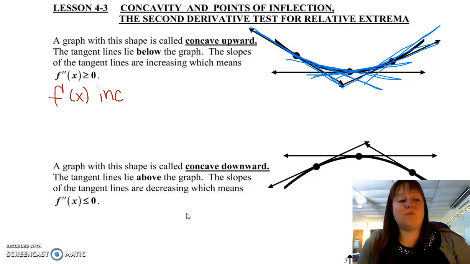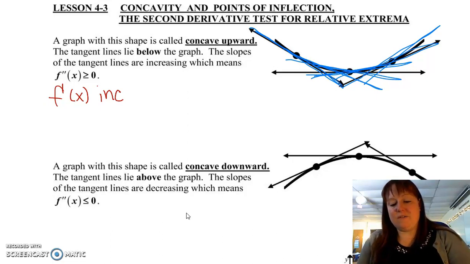So what does that mean for f double prime? If the first derivative is increasing, well, if we think back to our first derivative test, the derivative is positive when the function is increasing, right?